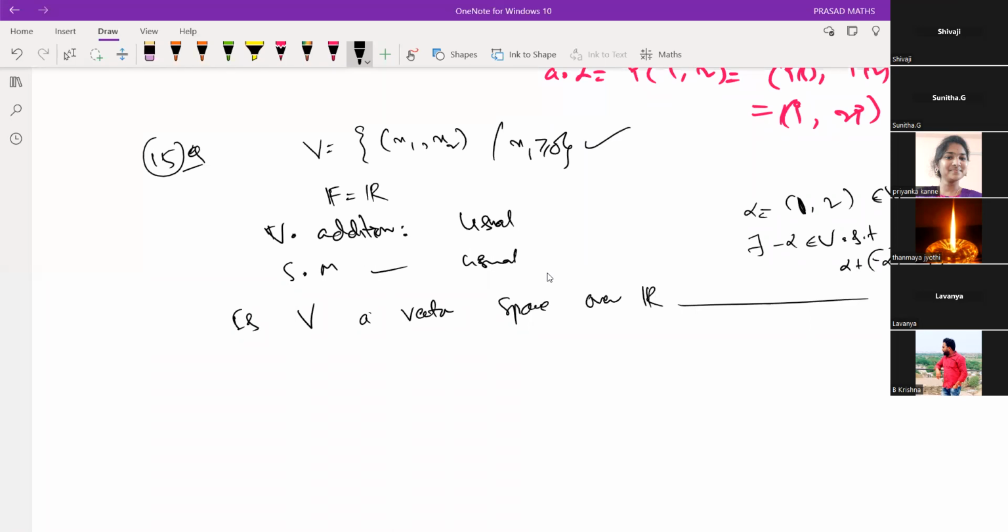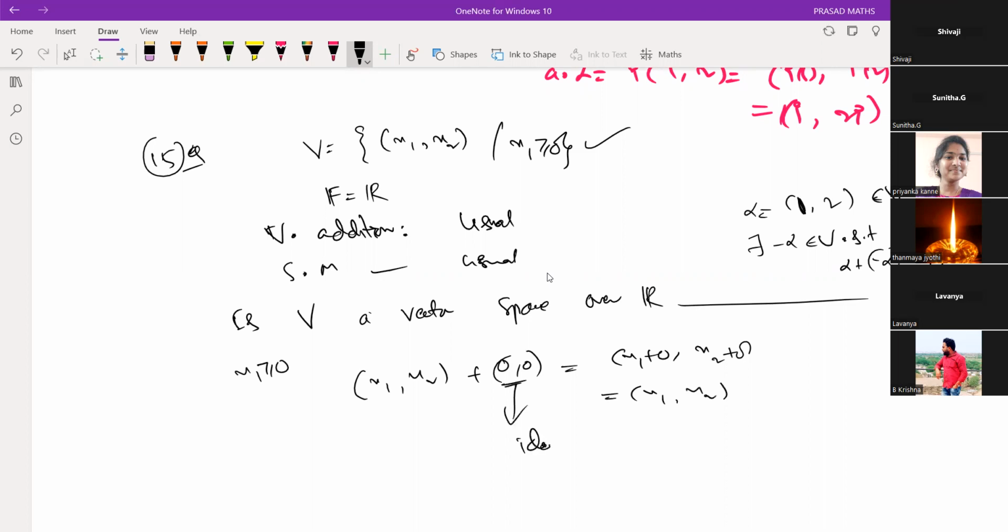Does it have an identity element with respect to addition? If I take (0, 0), then x1 plus 0, x2 plus 0 gives (x1, x2). There is no problem, so 0 is an identity element.